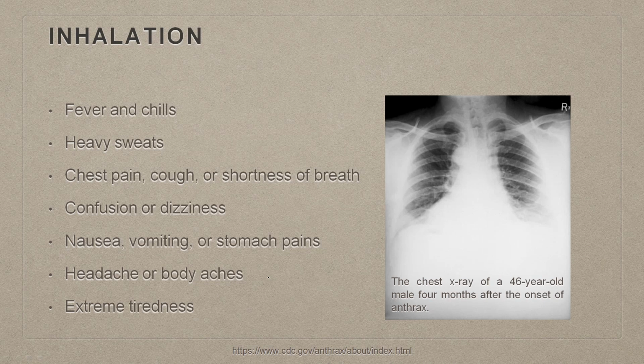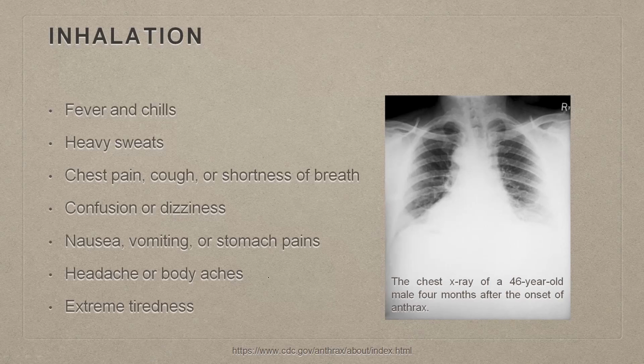Inhalation, as I mentioned in the previous class, is the most dangerous one because it directly gets into your lungs and affects the lungs. If we look at the slide, this is a chest X-ray of a 46-year-old male 4 months after onset of anthrax.